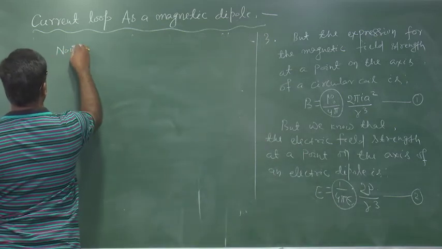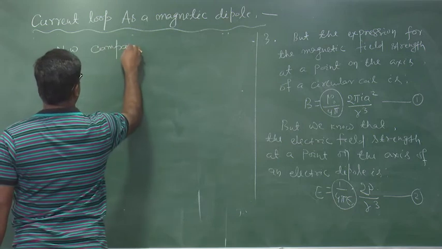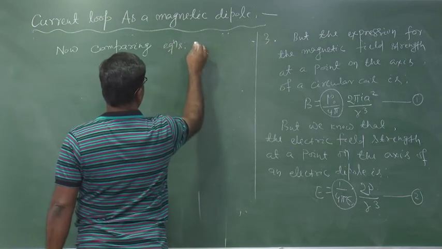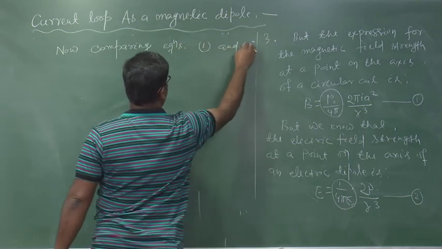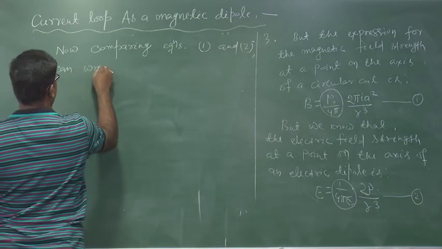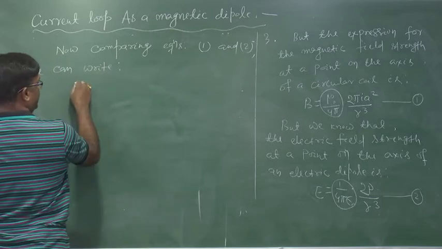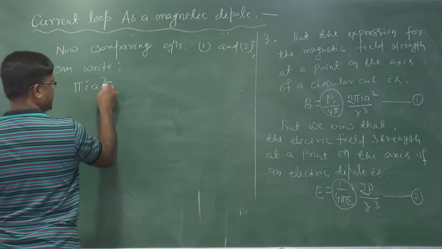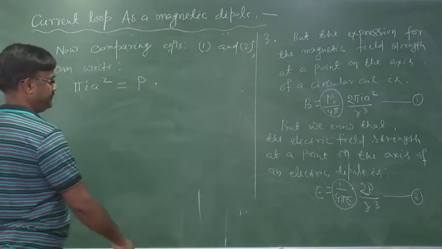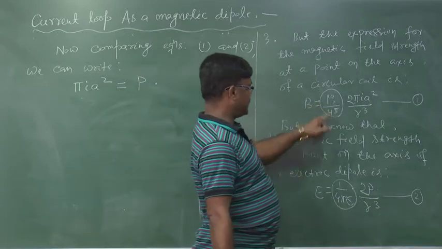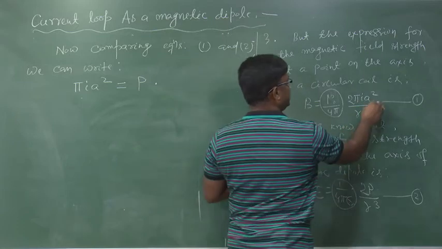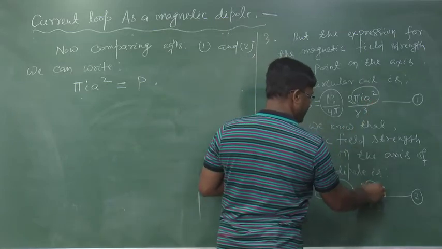Now, comparing equations 1 and 2, we can write pi I square equal to p, because here the constant is 2, and 1 by r cube, so what remains is pi I square here, and here it is p.